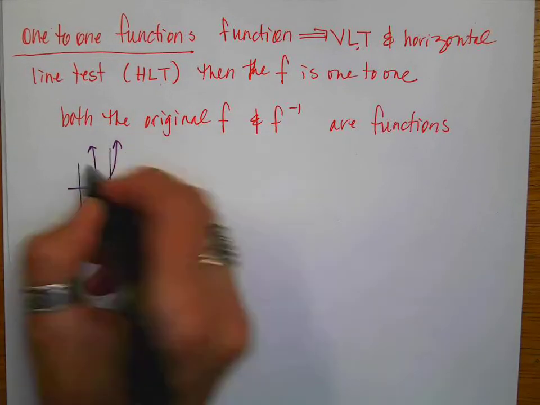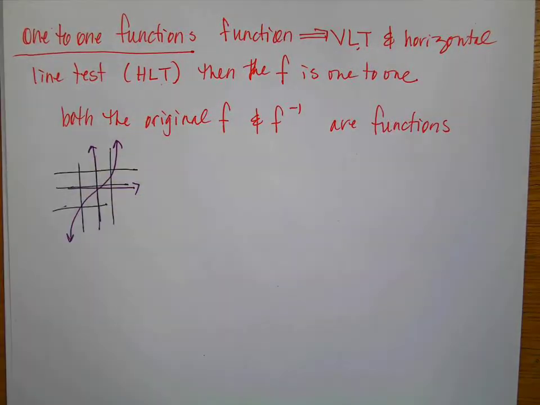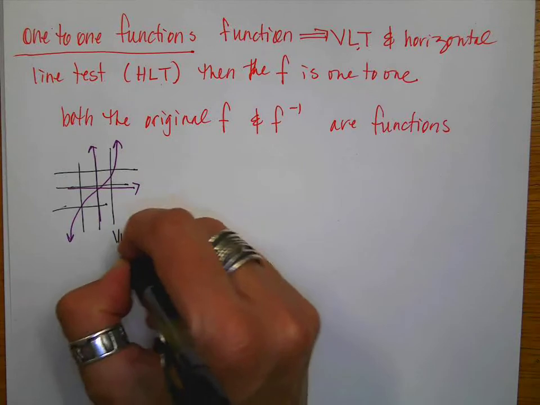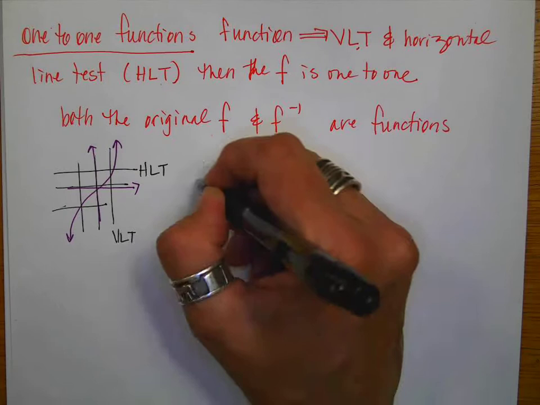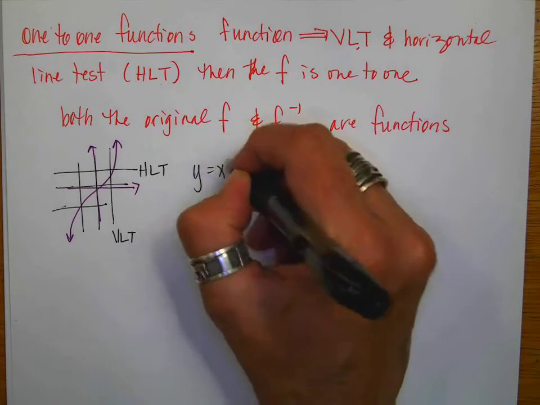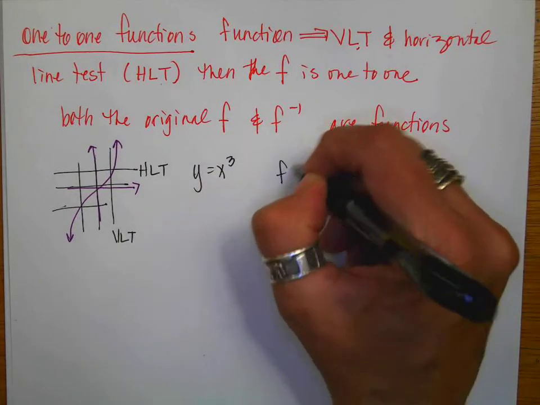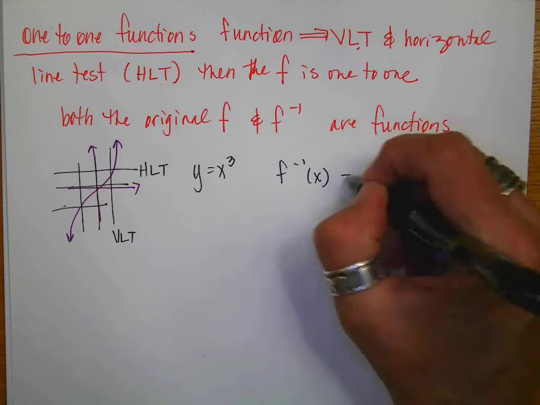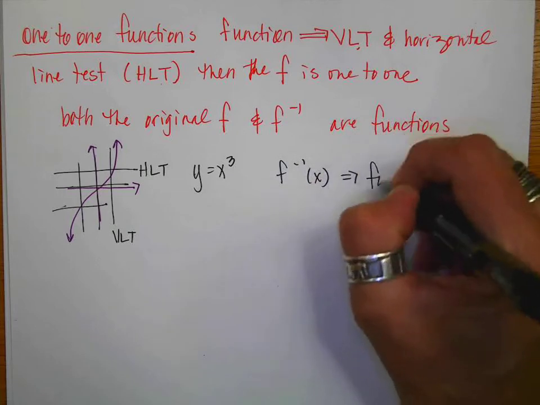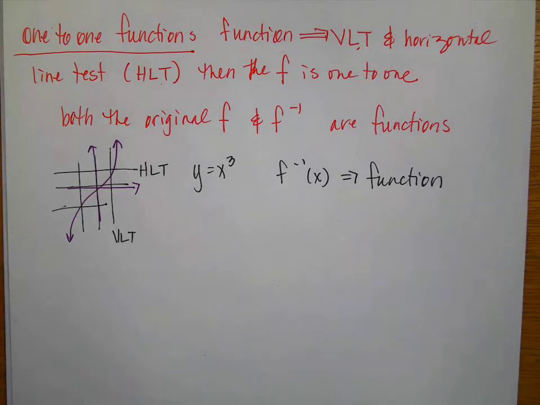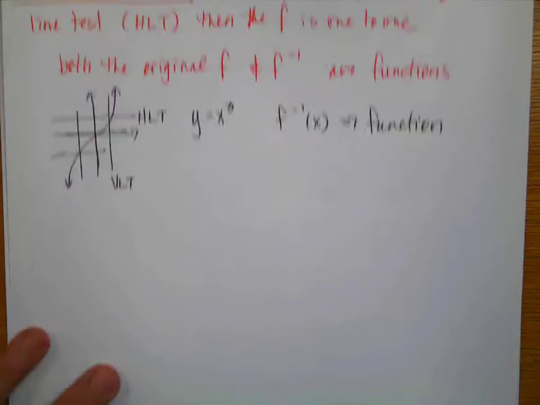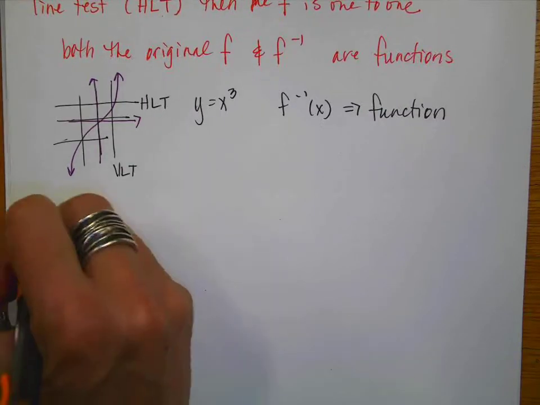This particular function passes both the vertical line test and the horizontal line test. Okay, so this is my vertical line test. This is the horizontal line test. So this says if I have y is equal to x cubed, the inverse of that function is also a function. Okay, and that's all that tells you. Later it will be more important, but for right now that's going to be the extent of what we do with it.